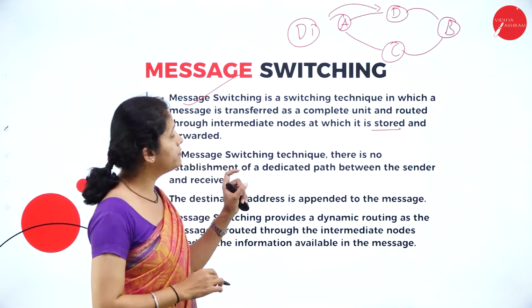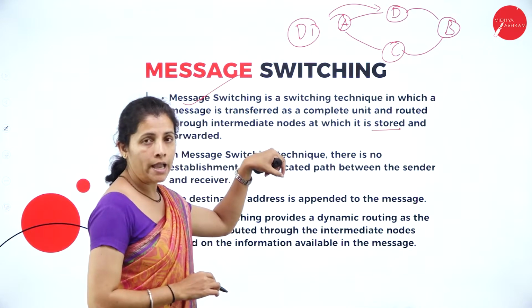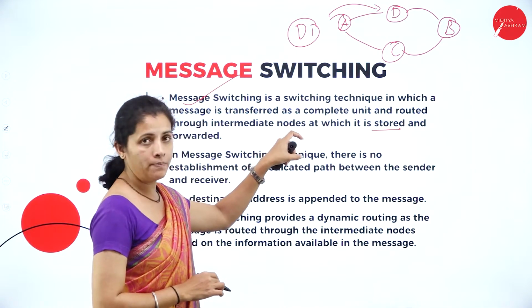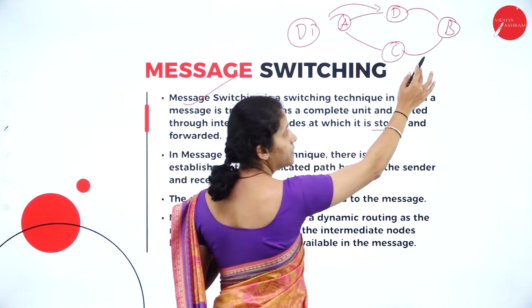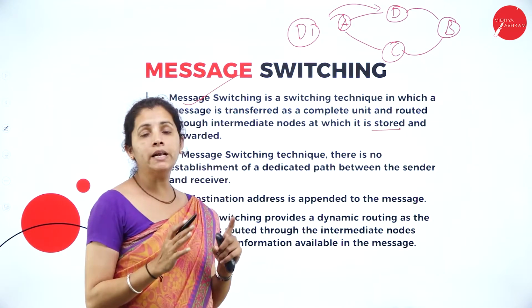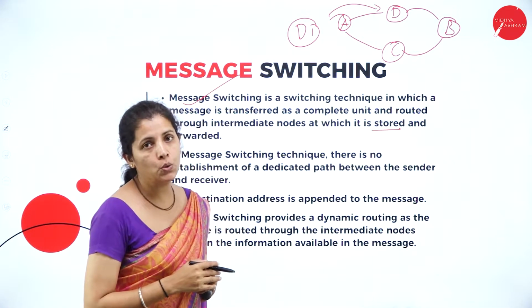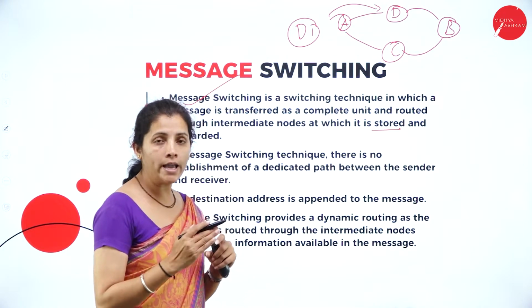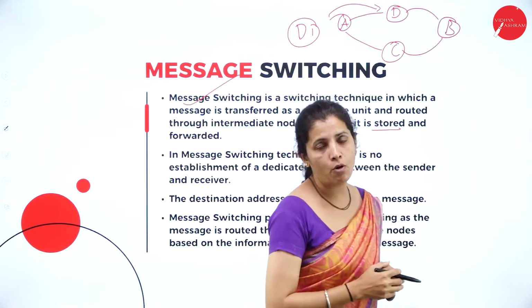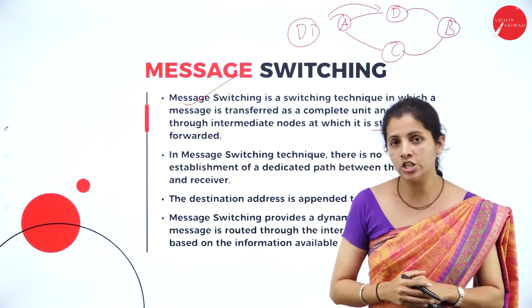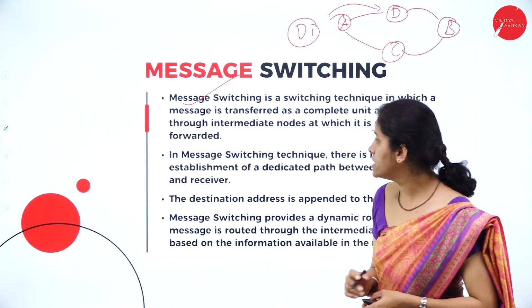It's responsible for storing the data in its memory, then forwarding that data to B. The intermediate node must have storage capacity. Why? Because each intermediate node is responsible for storing the message and forwarding the message.